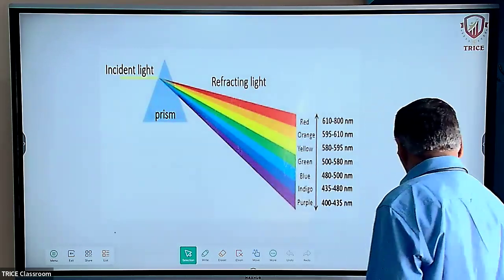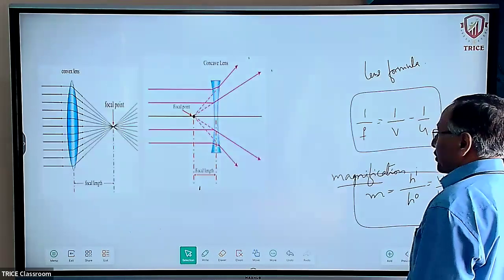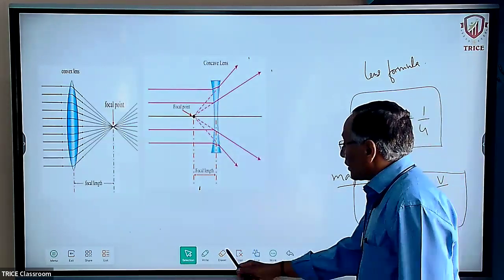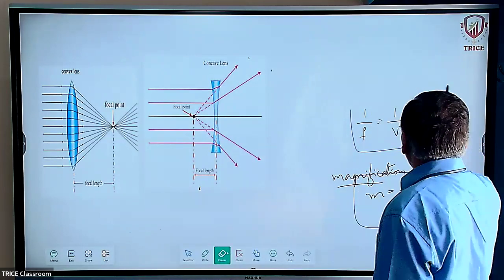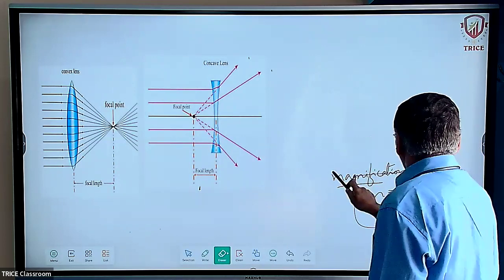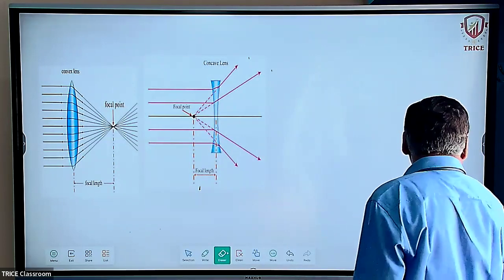Okay. There is another topic to be discussed that I'll discuss later. That is refraction through a prism.